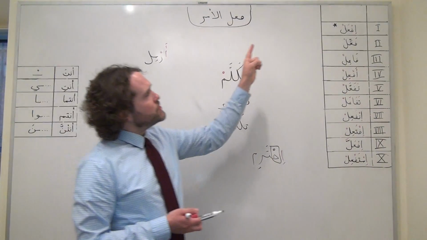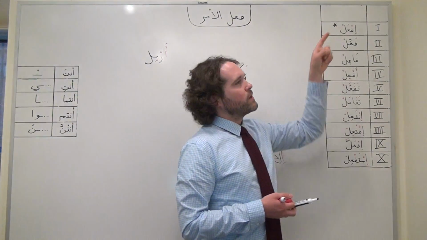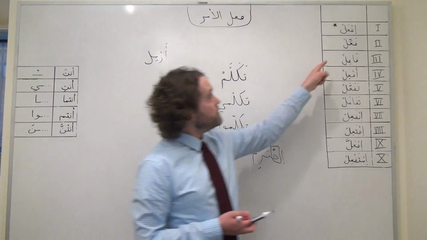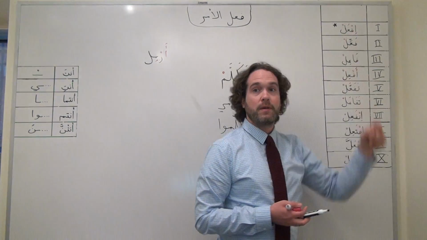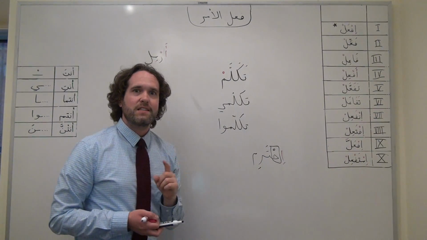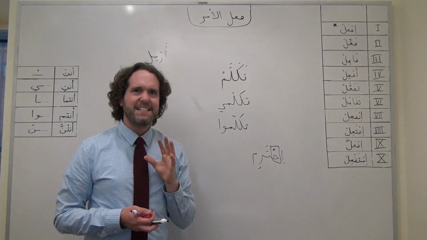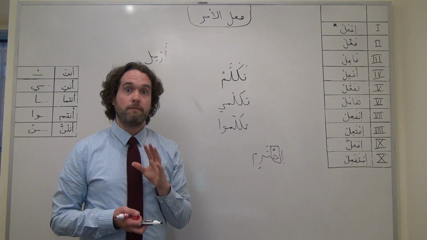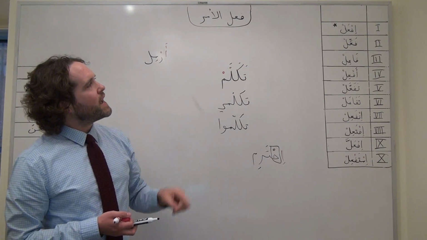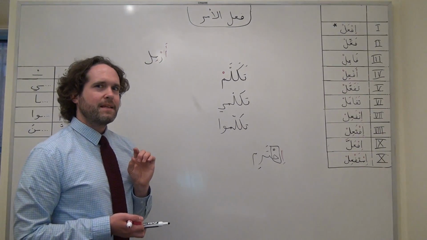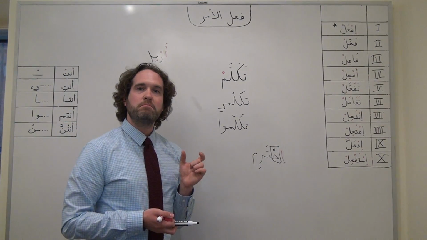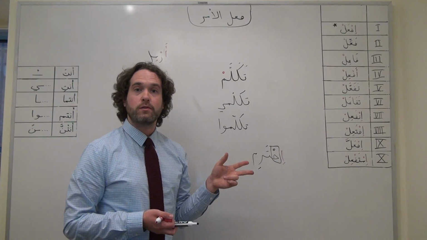I also want to bring your attention to this little asterisk up here on Form 1. Form 1 also obeys the same rule. We have to add a helping vowel at the beginning, but the vowel can take different forms depending on the verb. If we have a Form 1 verb conjugated in the present tense, the middle vowel might be any of the 3 vowels that we have in Arabic.